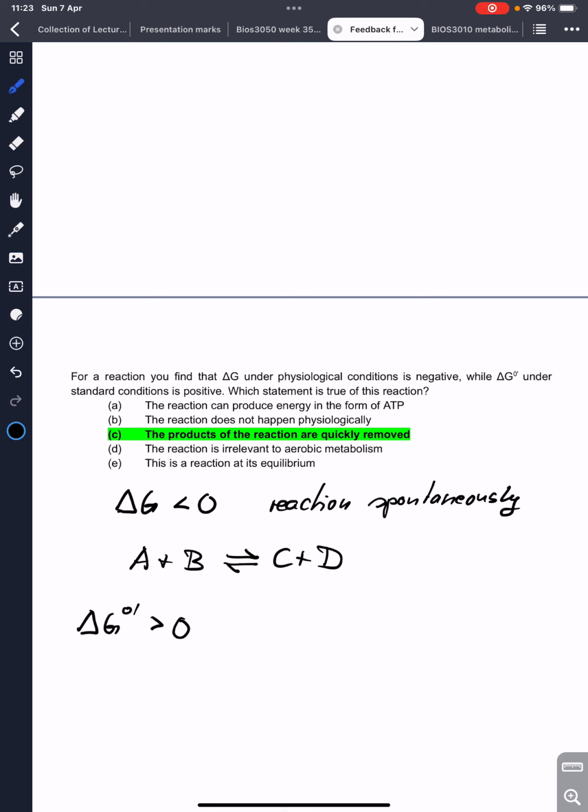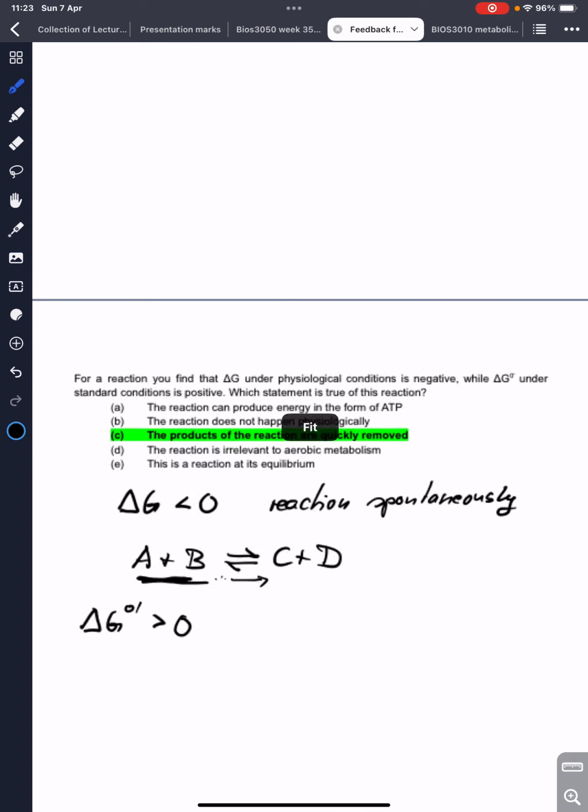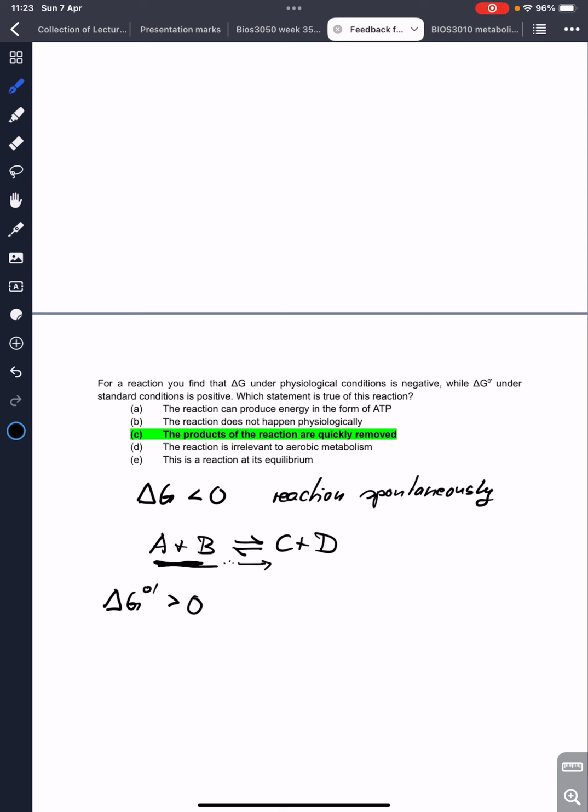So under standard conditions, this reaction would be on the left-hand side. So how do we get this reaction so that it goes to this side? We know that it is on that side, because we know that delta G is negative, and therefore the reaction is on that side.